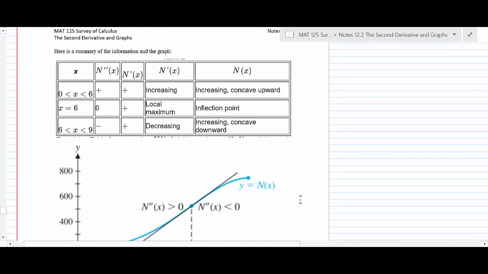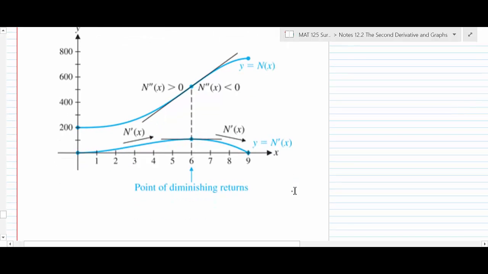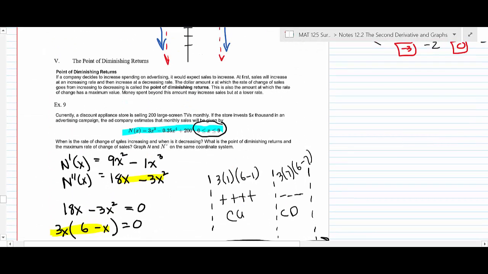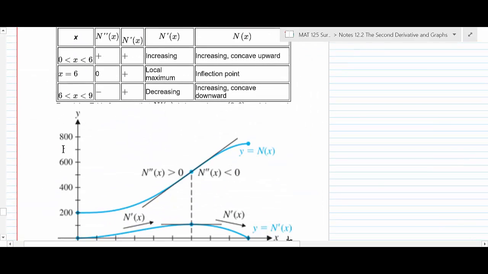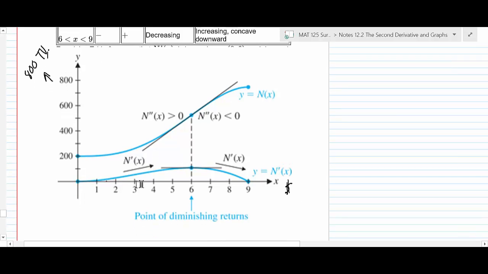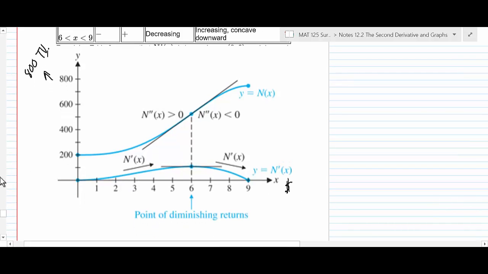So let's go to this and just kind of wrap it up, and we'll talk about our test. I'm not going to do the last problem. What's happening on this problem is the x-axis is dollars. And if you read the problem, N is how many things you're selling, like 800 TVs, okay? And that's the cost of the advertising campaign right there.